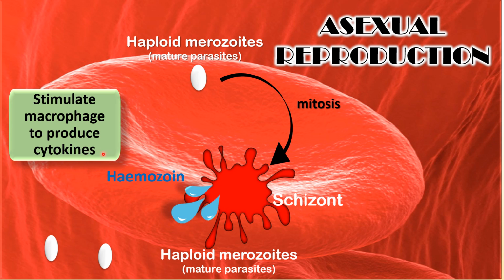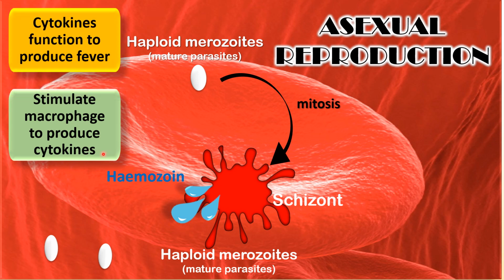And these cytokines, as we learned in dengue earlier, will cause us to form fever. So here is where you can see the fever pattern, which is a very clear symptom of a malaria infection. As long as the merozoites do not rupture the red blood cells, there will be no fever in the patient. But the moment the red blood cells rupture, the fever will develop.